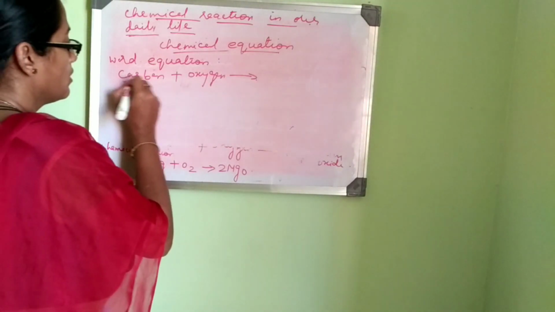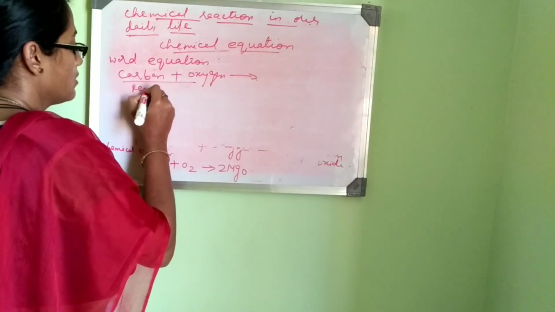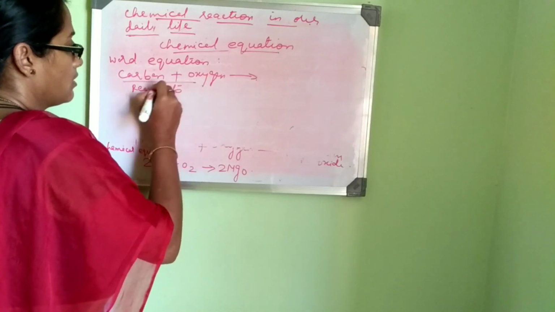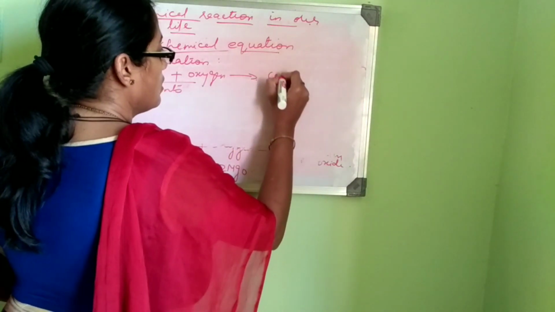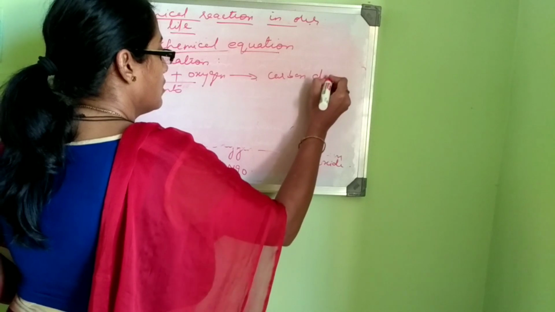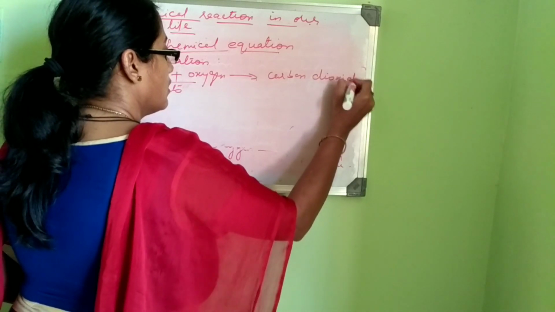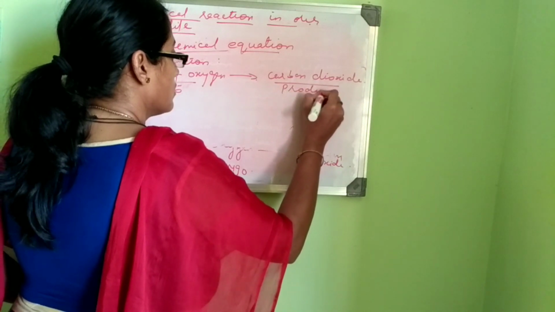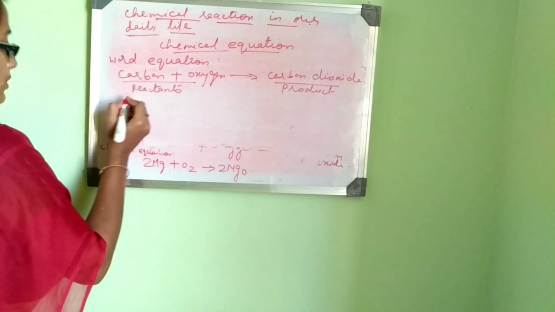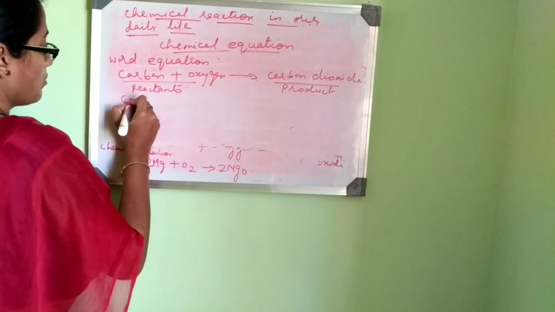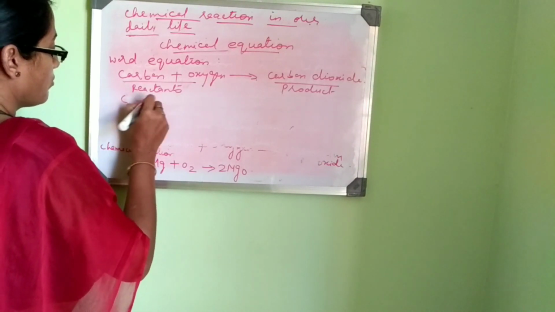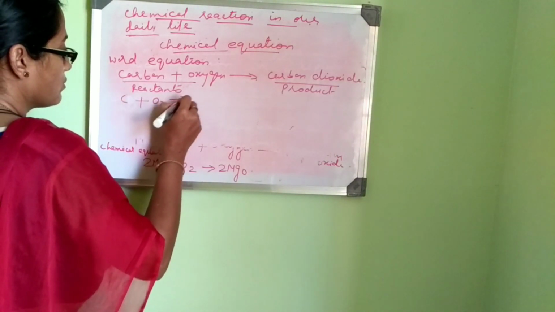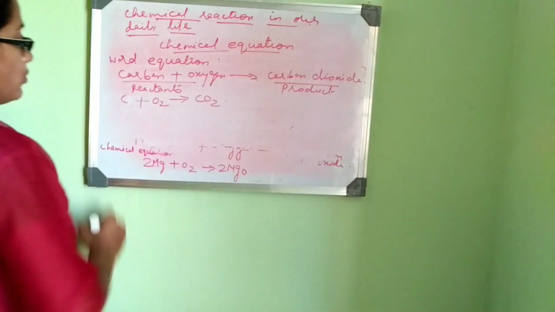So these are the reactants, which give rise to carbon dioxide. It is the product. We will write the chemical equation now. So carbon C plus O2 gives rise to CO2.